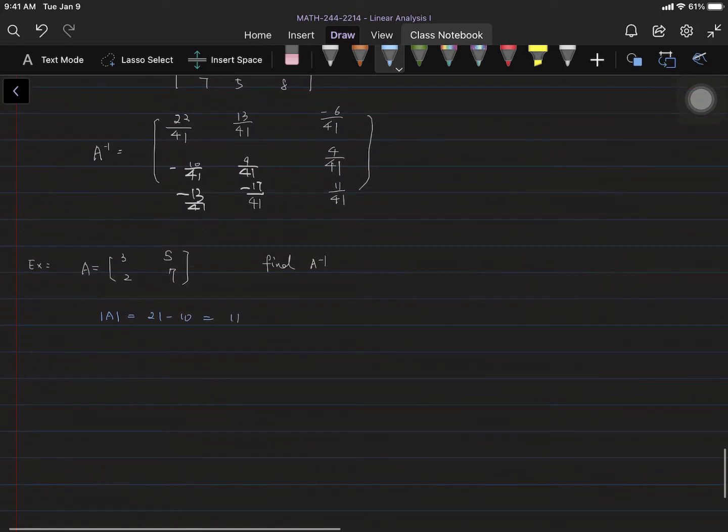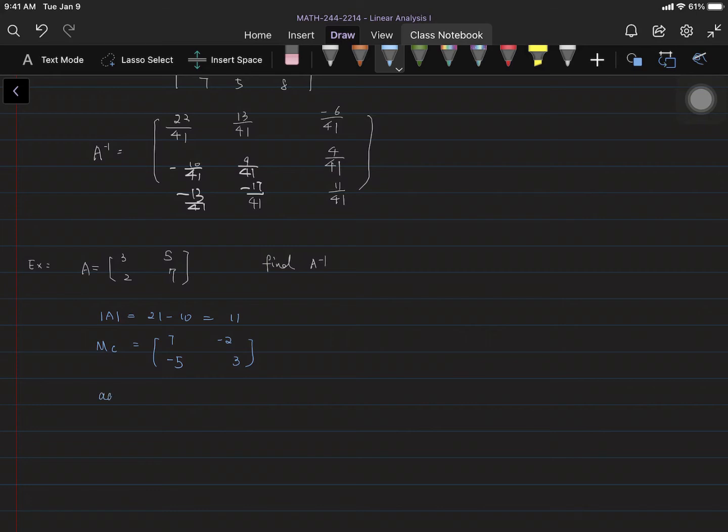Okay, next, I'm going to find the cofactor matrix. This is pretty easy, okay? So 3's cofactor should be positive 7. 7's cofactor should be 3. And 5's cofactor should be negative 2. 2's cofactor should be negative 5.